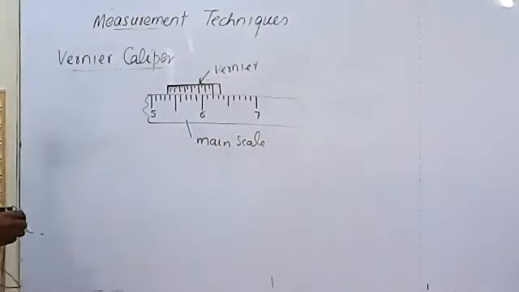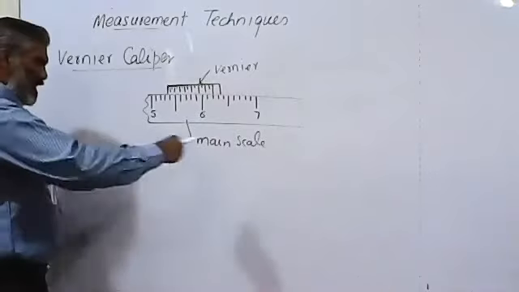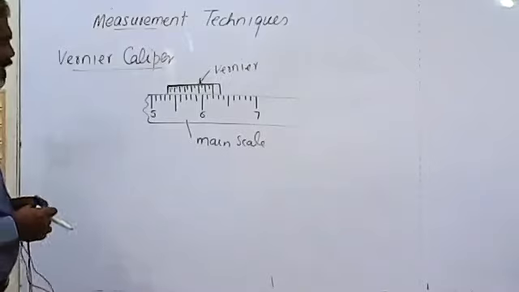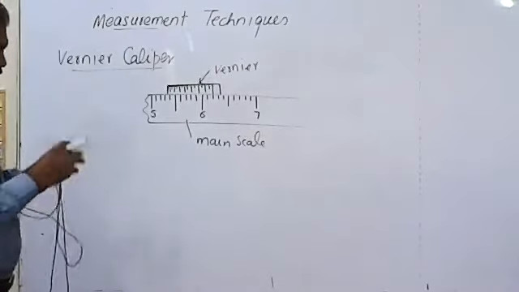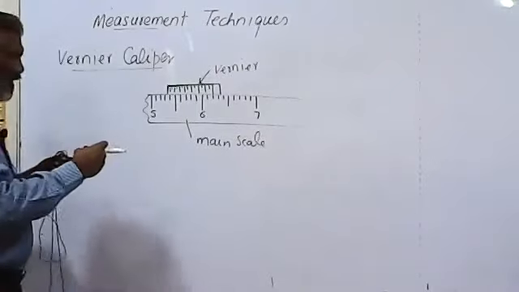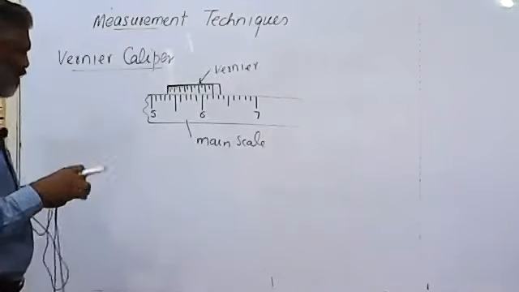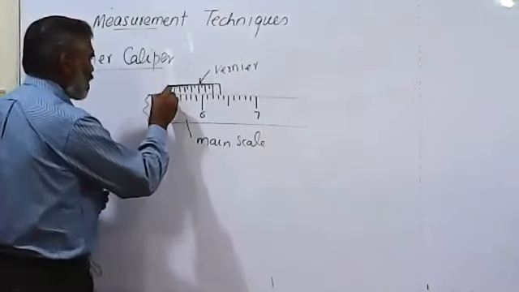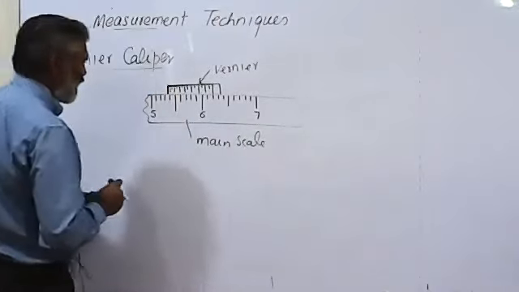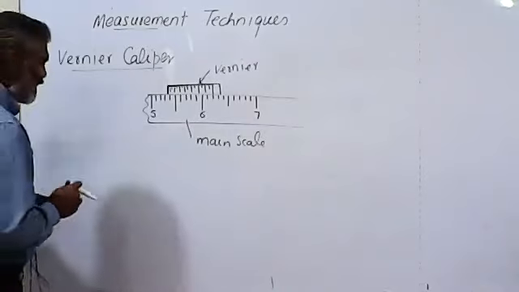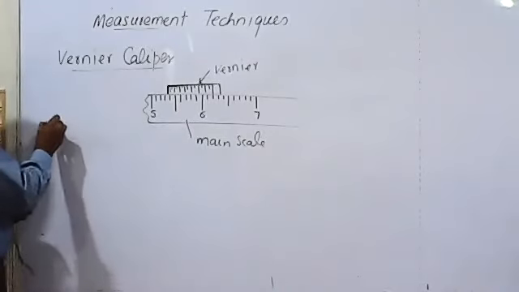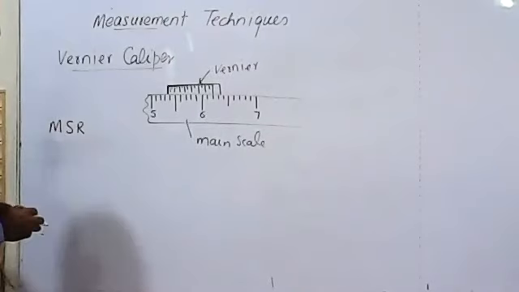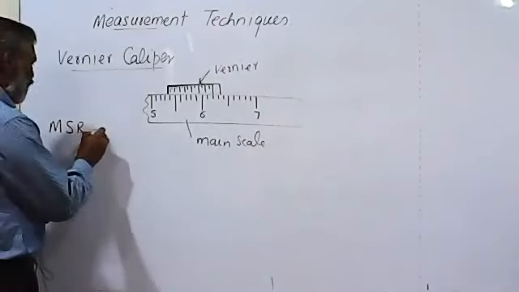So first of all, when we open the jaws of the vernier caliper, you must have seen vernier caliper in the previous classes. You're familiar with at least the shape of it. So when you open the jaws, put the object in between those two jaws, and the vernier scale stops here. The first thing that we note is the main scale reading, MSR.